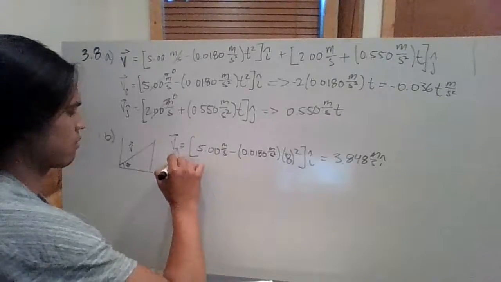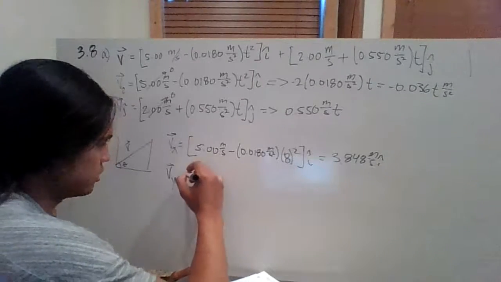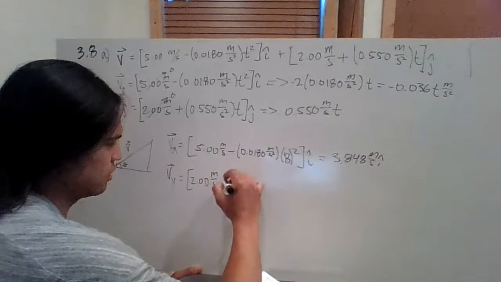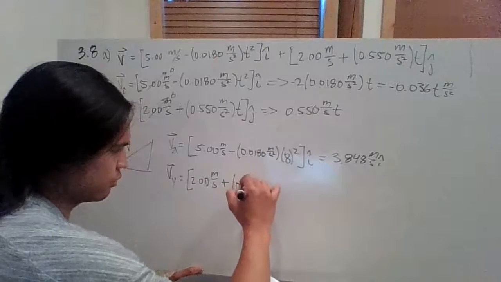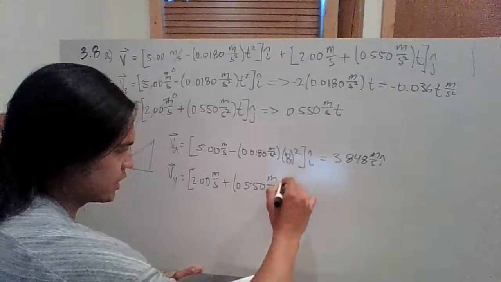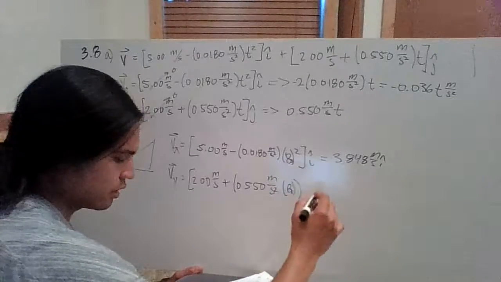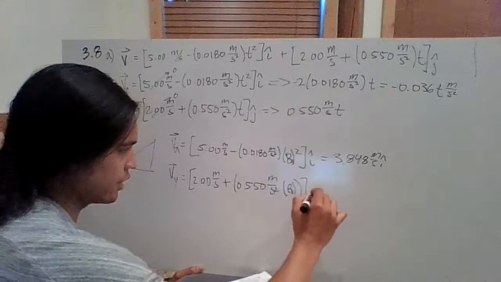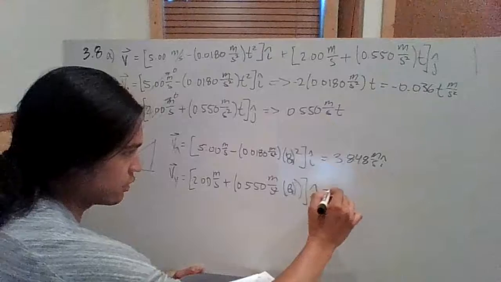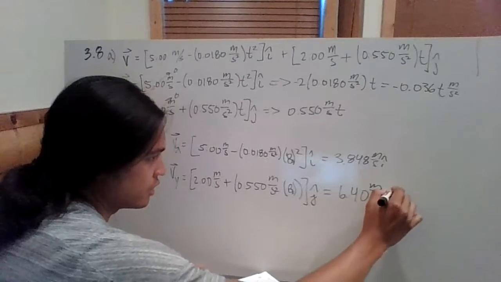And in the y direction, which is the j, you get 2 meters per second plus 0.550 meters per second squared times the 8 seconds, and that will equal 6.40 meters per second in the j direction.